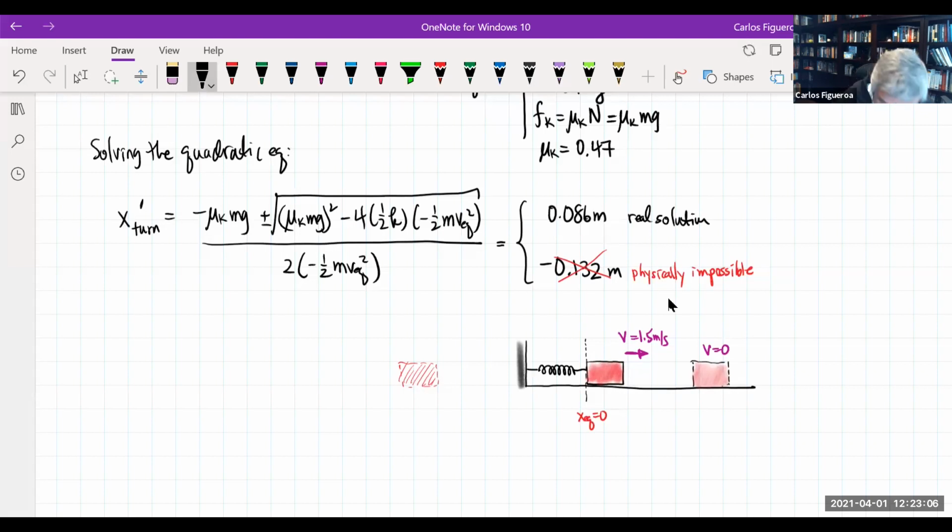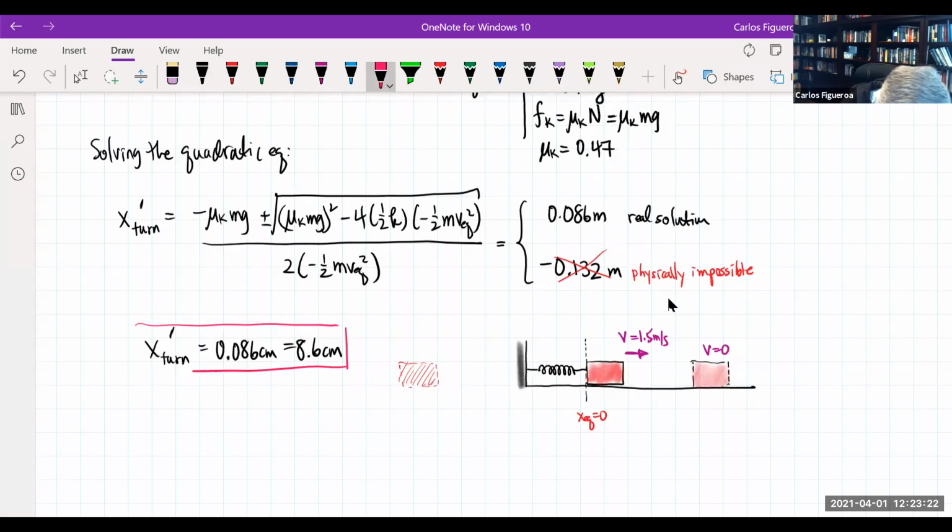So when I look at this, you can see that x turn prime is going to be 0.086 meters, which is 8.6 centimeters. Now, does that answer make sense? And the answer is yes. Why does it make sense?